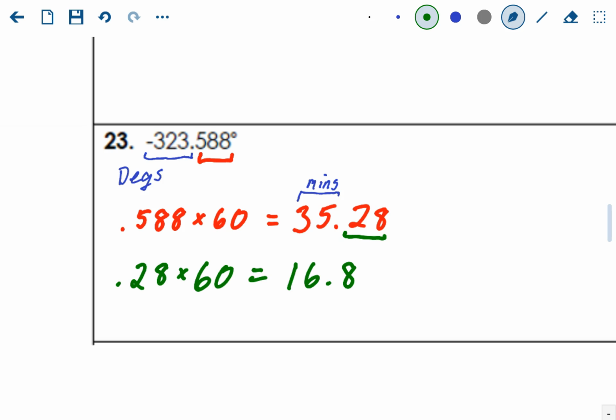Now again, this one we ended up with a decimal again. That's fine. This entire thing is going to be our seconds. There's nothing smaller than seconds, so if you have a decimal in the seconds part, that's fine. It's just going to stay.